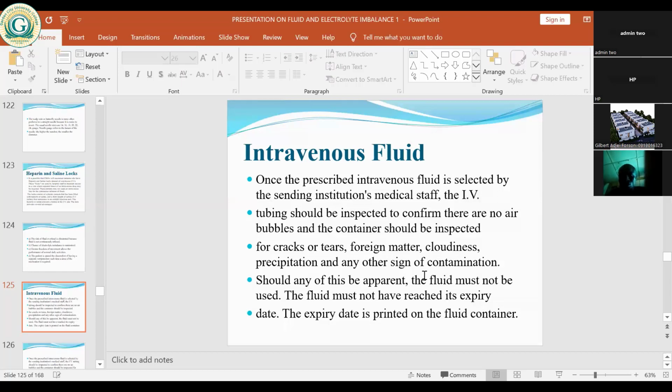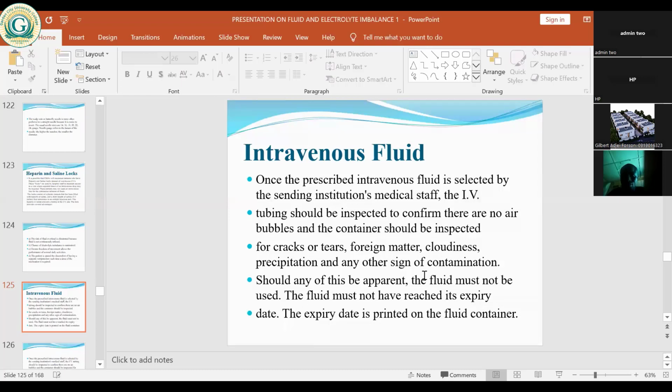If it goes inside the patient, you are going to kill this patient because it's going straight to the circulatory system. Precipitation and any other sign of contamination: if you see any other sign of contamination, don't use it. Discard it, ignore it, and protect our patients.